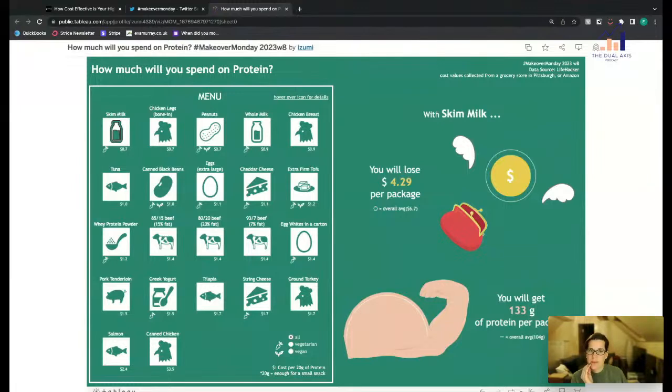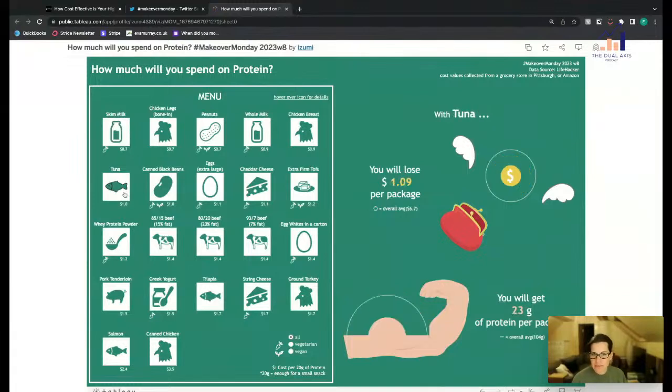You don't lose it, that's not the right wording. You will spend $4.29 per package. You will get 133 grams of protein per package. But that's if you drink the entire bottle of milk.